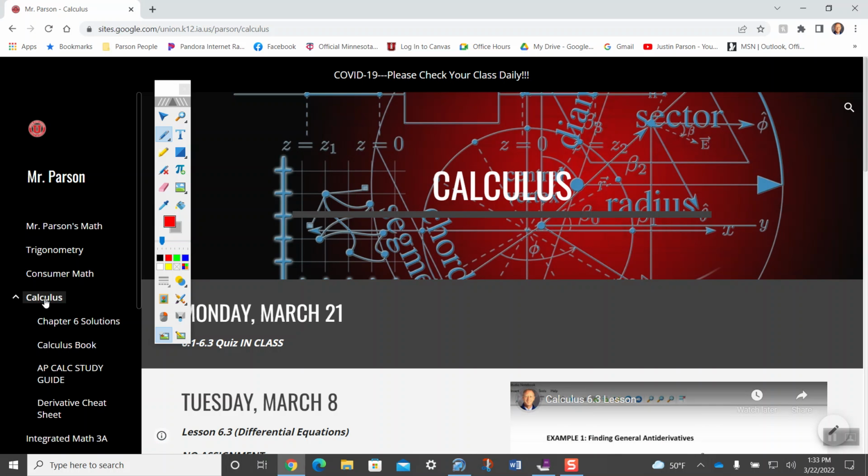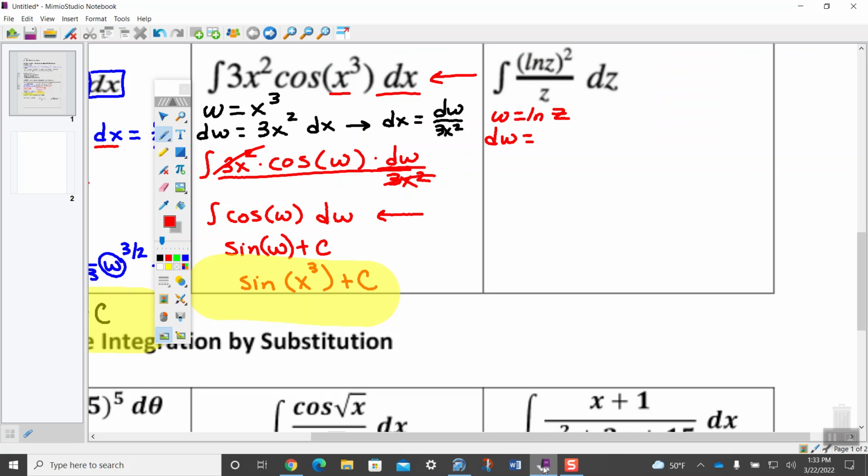But guys, the derivative of natural log of z is 1 over z. This would be with respect to what, kids? Right. So what would I have to get alone right here before I can substitute? Do you agree getting dz alone would be like multiplying by the reciprocal of 1 over z?